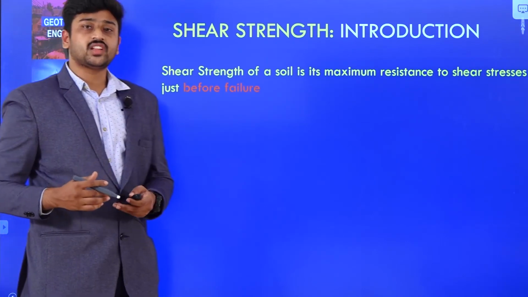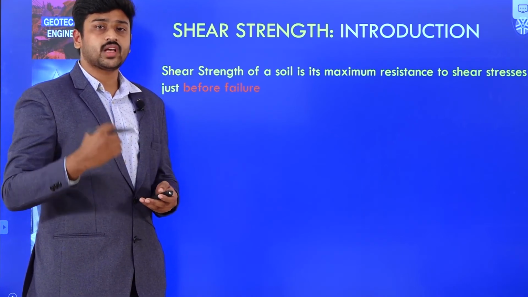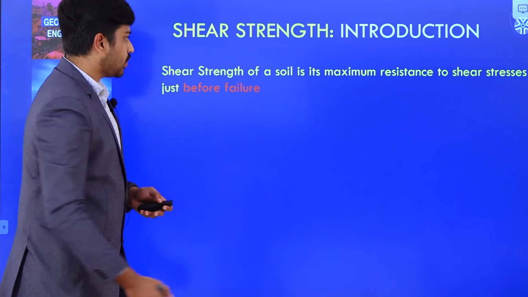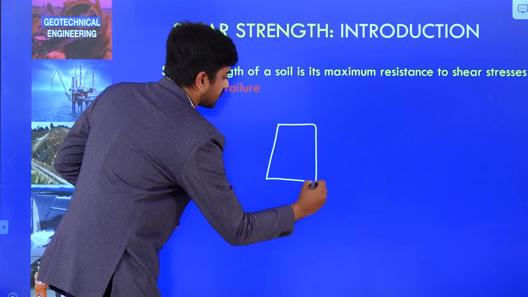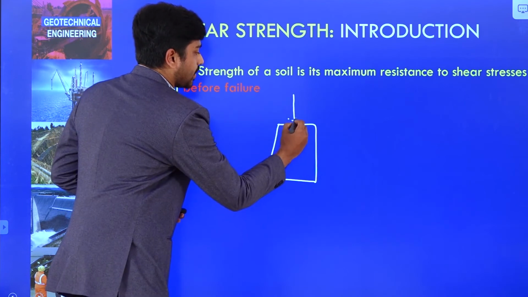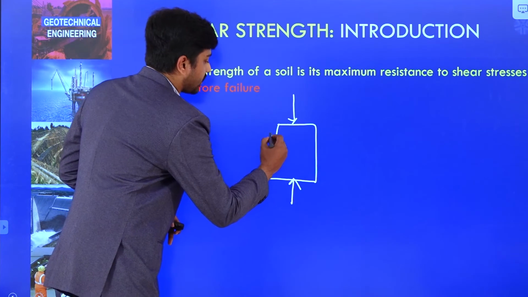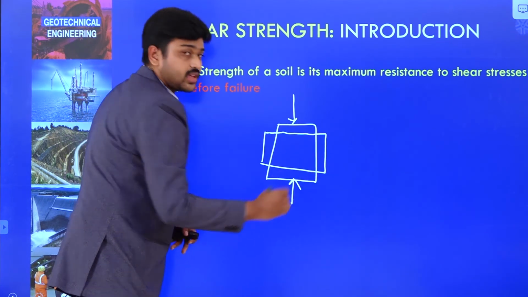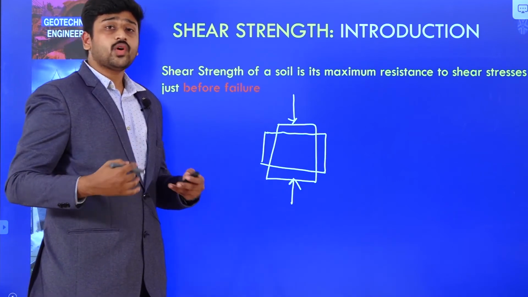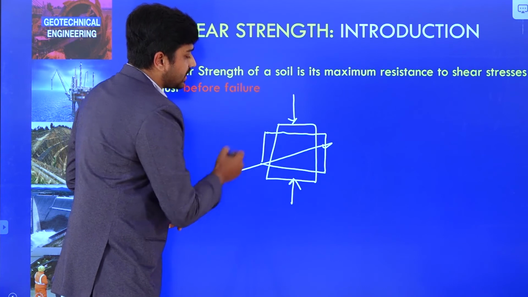Now coming to the shear strength, let us understand what we mean by shear strength. Shear strength is nothing but the maximum resistance to any shear force acting upon a unit area. Say for suppose this is a particular structure, and I am applying a compressive load. After a certain amount of time, it is getting deformed in this shape. On a further increase of load, this may fail at some angle.